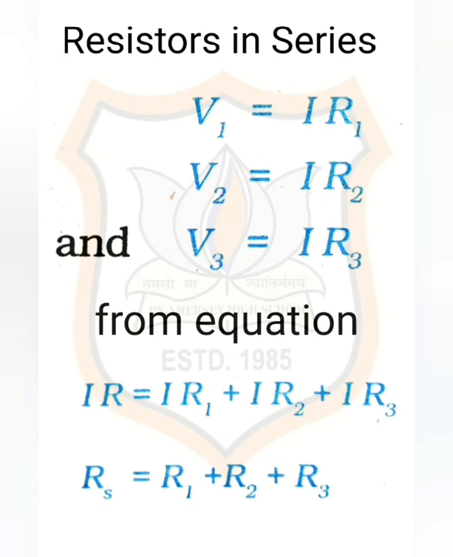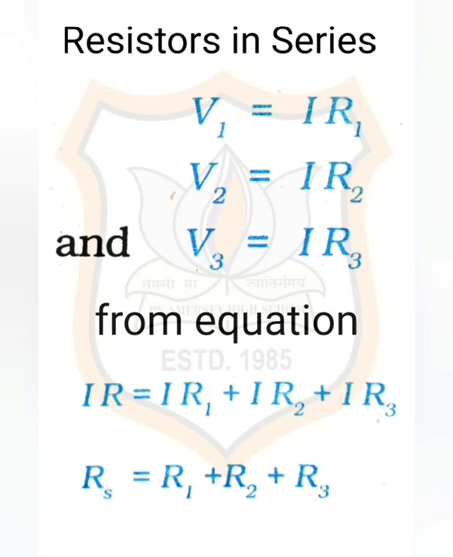We have proved this in activity 12.5. Then suppose a resistor with resistance Rs, instead of these three resistors with resistances R1, R2 and R3, is connected in the circuit in such a way that the current flowing through the circuit remains the same as I.